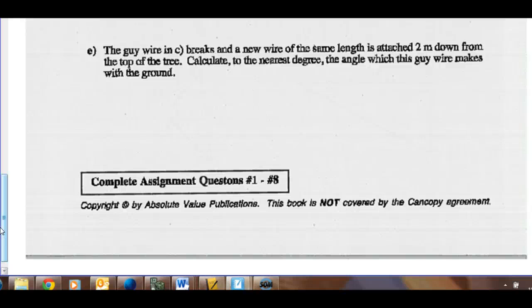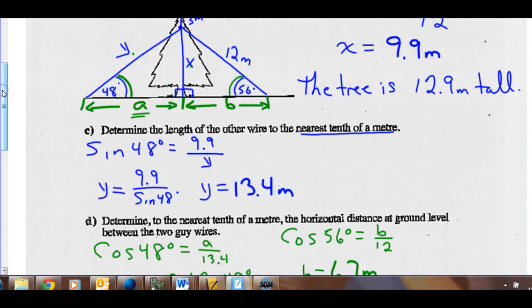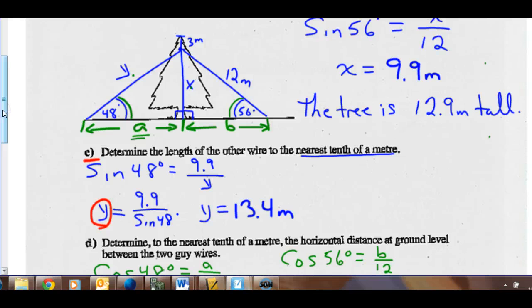The guy wire in C breaks. So if you go back up to C, notice that that was side Y. So in C, we were looking for Y. So this guy wire breaks, and it's attached 2 meters further down, 2 meters from the top of the tree.